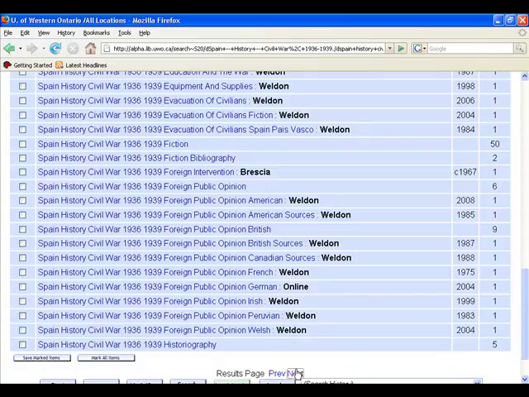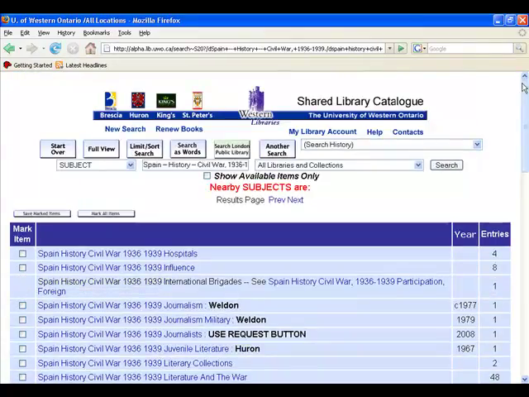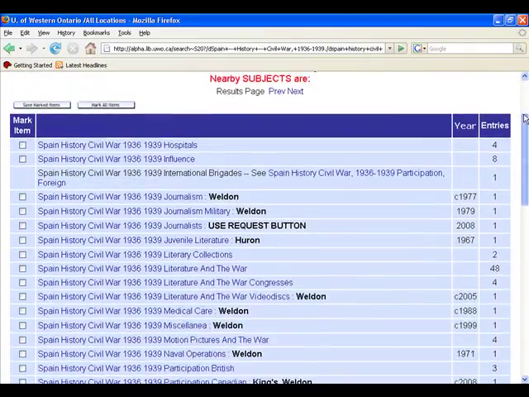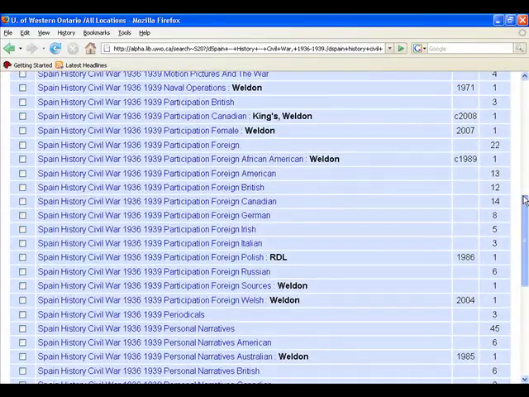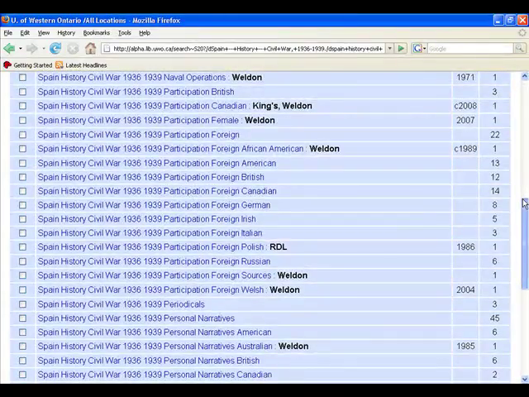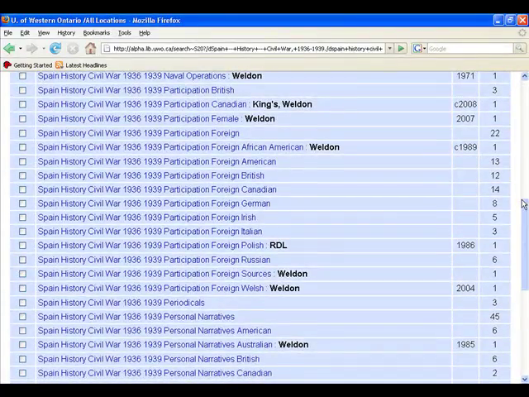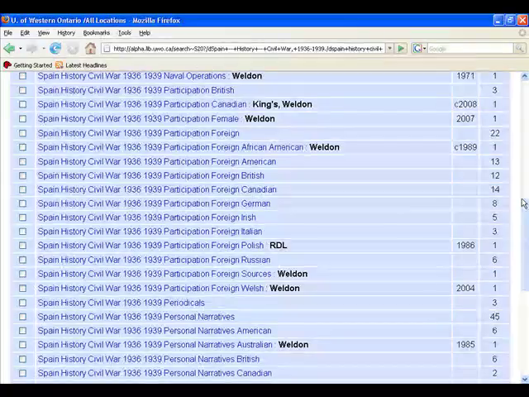Scroll ahead one page to find additional useful subject headings relating to foreign participation, involving various countries, and personal narratives, including first-hand or primary sources such as accounts in diaries or letters, also arranged by country.